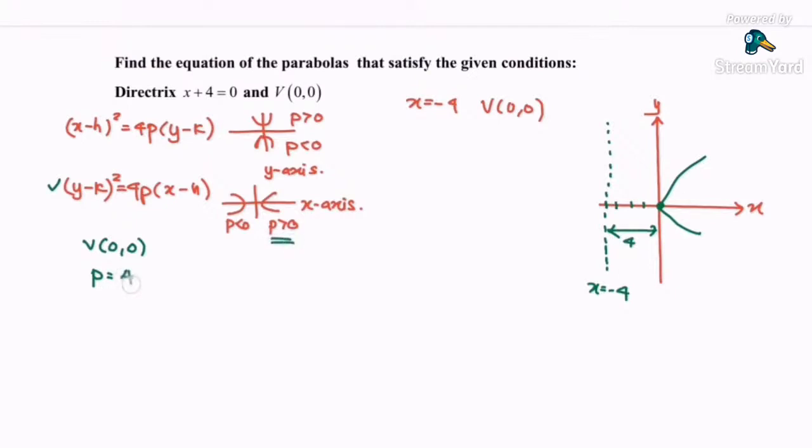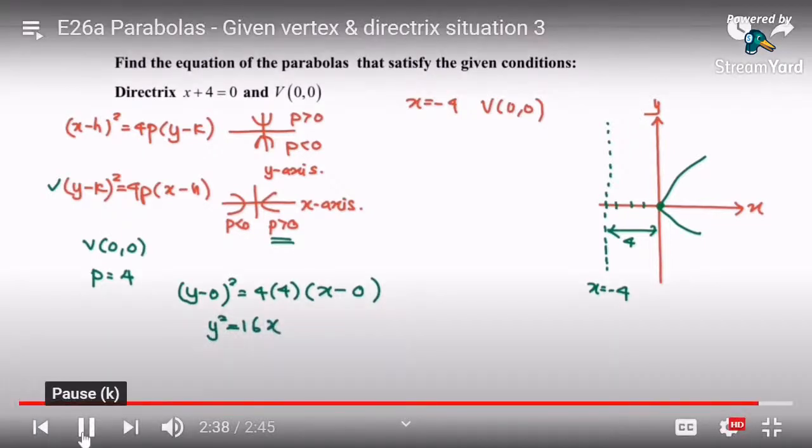So p is 4 units instead of negative 4. So (y minus 0) squared equals 4 with the value p, 4 as well, times (x minus 0). So finally, y squared equals 16x will be the equation of the parabola.